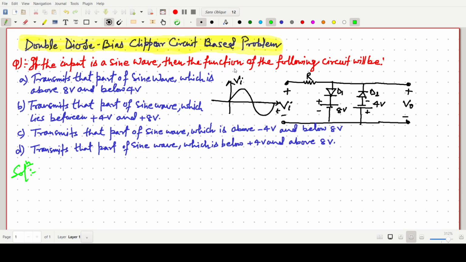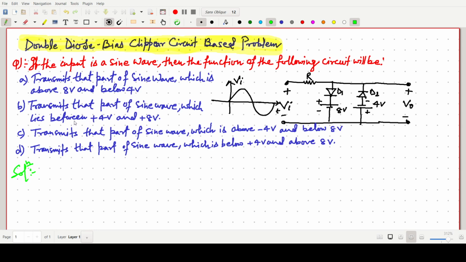We have to find the function of the following circuit, or basically the output, for a sinusoidal input. The options are given. The circuitry transmits that part of the sine wave which is above 8 volt and below 4 volt.